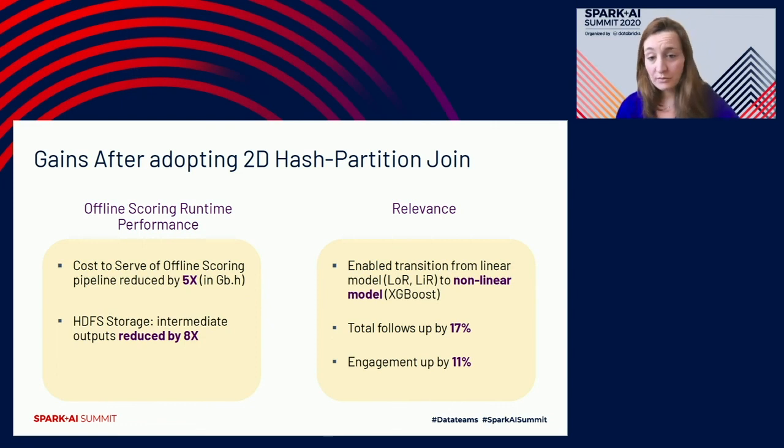And in terms of relevance, we were able to transition from a linear model to a non-linear model, from logistic regression to an XGBoost model. After running an A/B test, we measured the total number of follows going up by 17%, and the downstream engagement after following those entities was up by 11%, which is a big win for us.